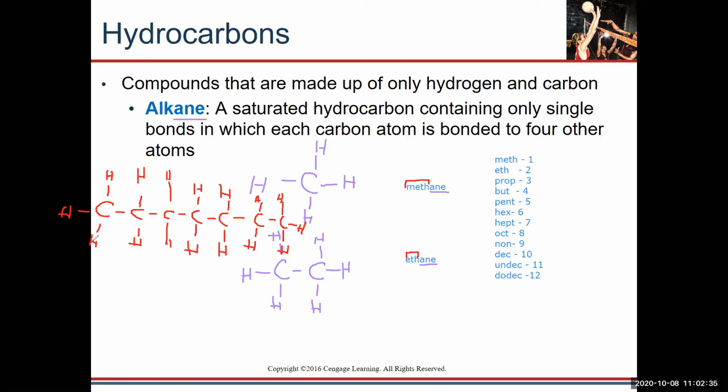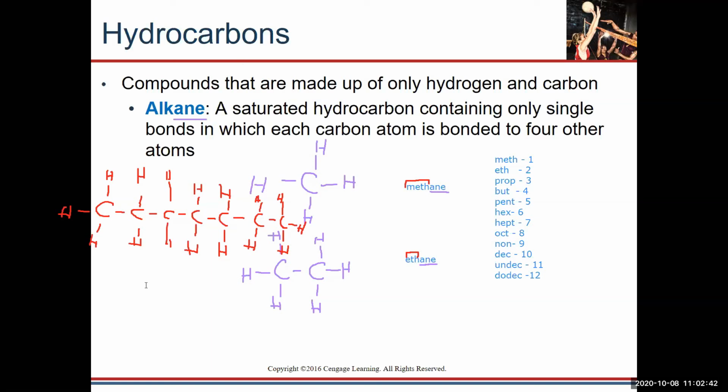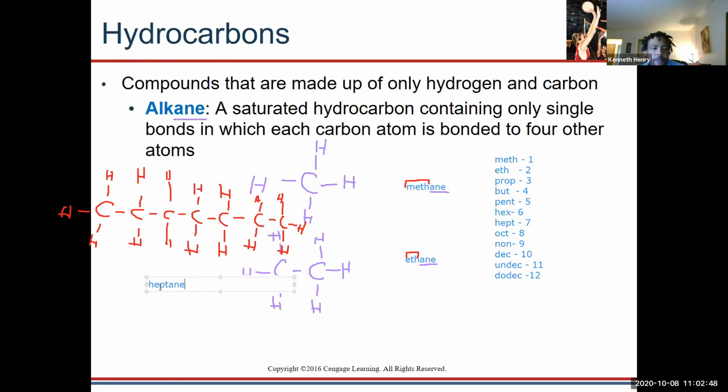What is going to be its name? Would it be heptane? Heptane. Simple? Yeah. Okay, good.